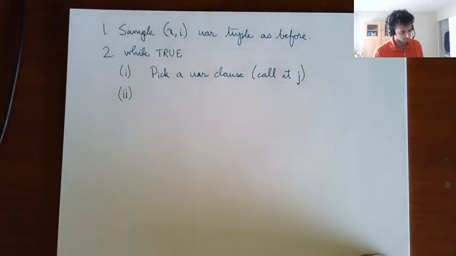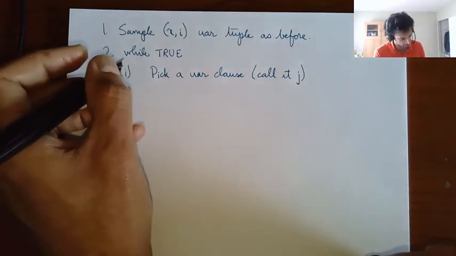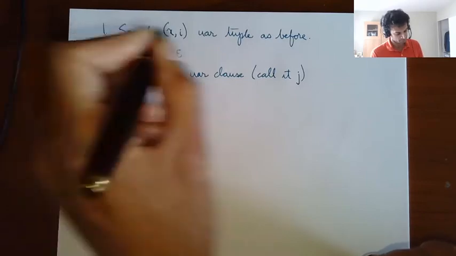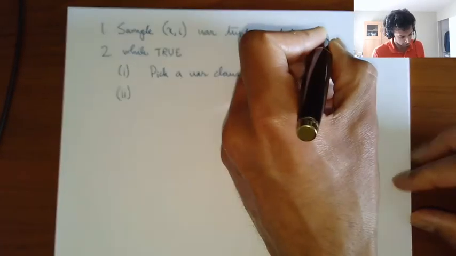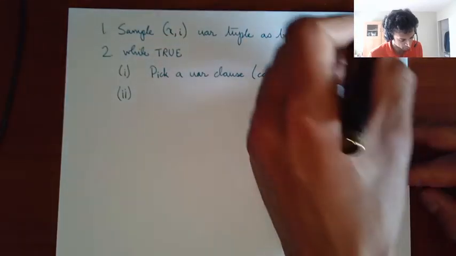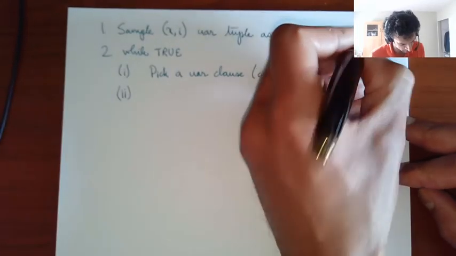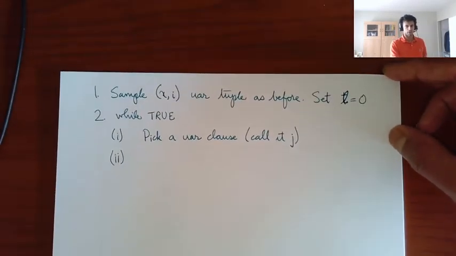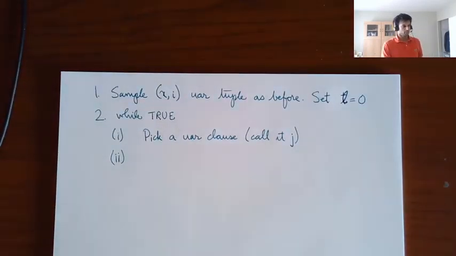Okay. So actually, sorry, I had a step over here. I'll set a time. Let me call it L instead, because t was used for the number of trials. So I'm going to set this thing that I call the length to 0.